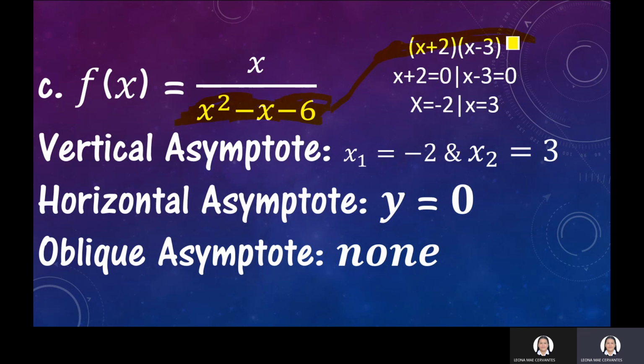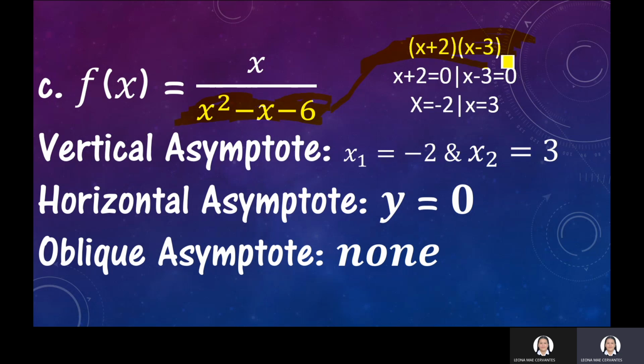Okay, saan ulit galing si x plus 2 times x minus 3? Siya yung factor ng x squared minus x minus 6. Then, equate na natin sa 0. So, we have x plus 2 equals 0. Then, x is equal to negative 2. Okay?